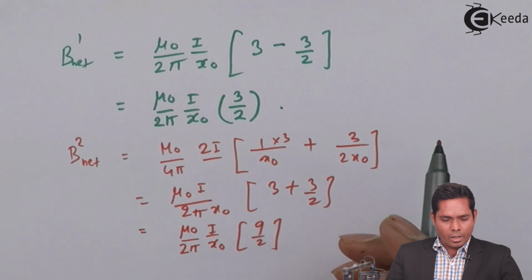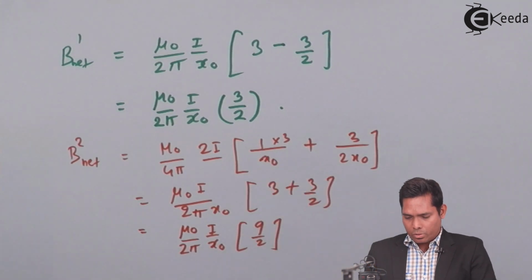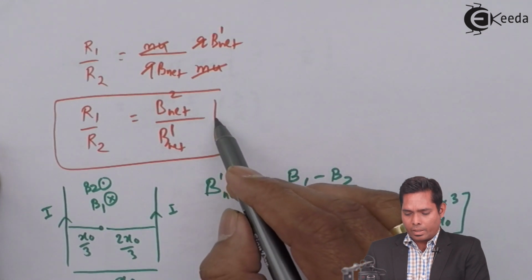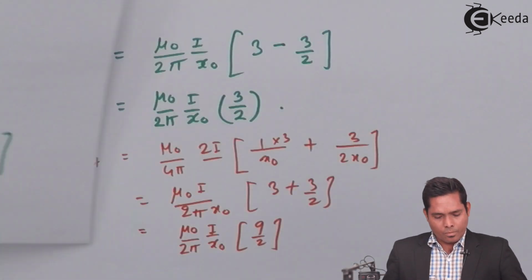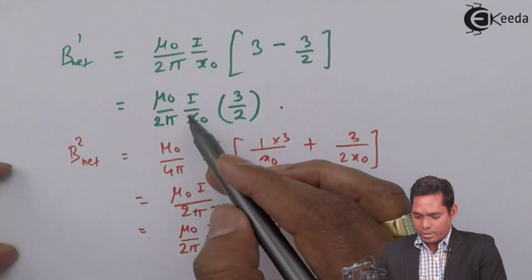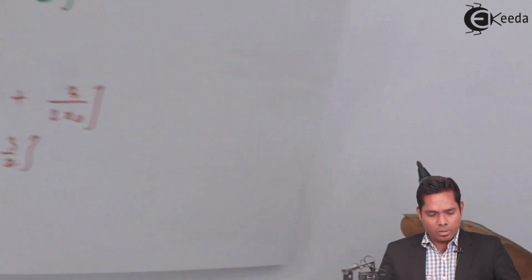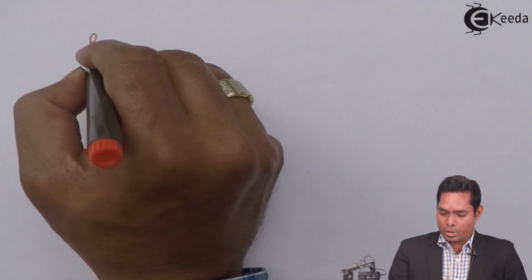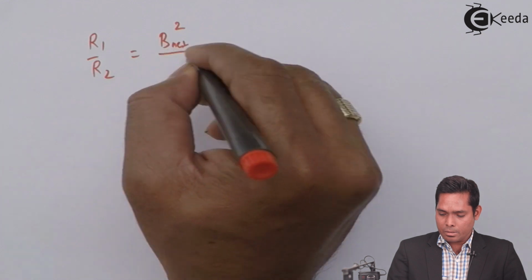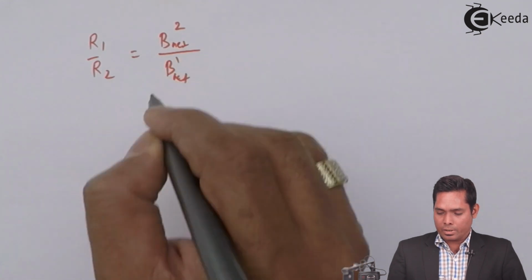If I put these values over here in this expression, what will I get? These two are the same and will cancel out, and we will get R1 upon R2 is B net second case divided by B net first case.